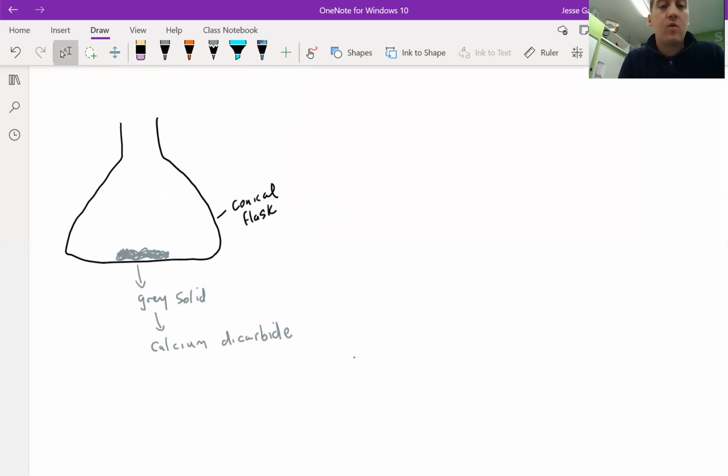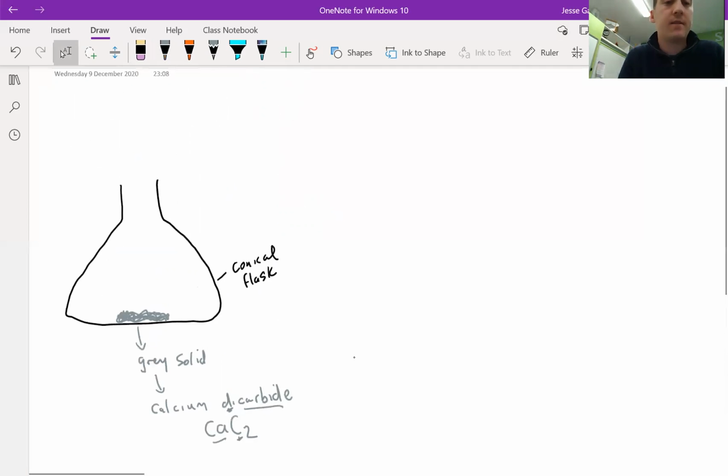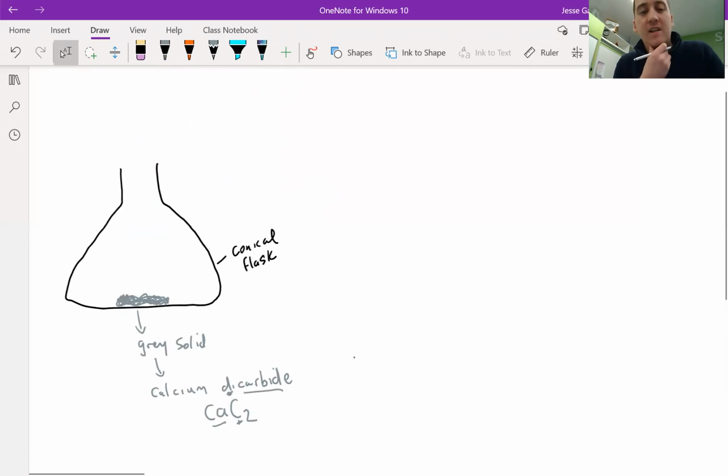It has the formula CaC2. Di means two, and carbide, it's got two carbons attached. It's a calcium with two carbons attached, so calcium dicarbide. A little fact about calcium dicarbide is that they used to use it in mine torches, down in the coal mines before there was electricity and electric bulbs.